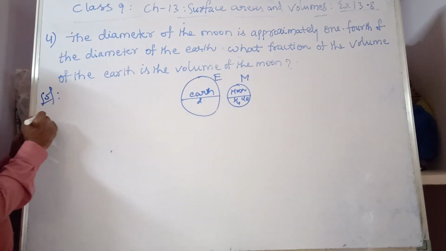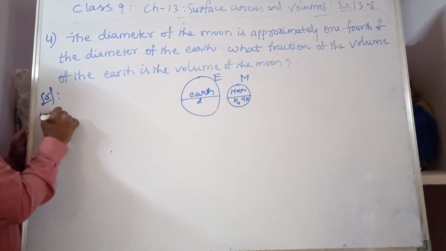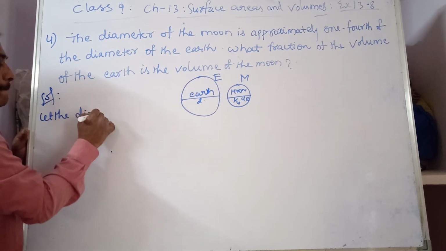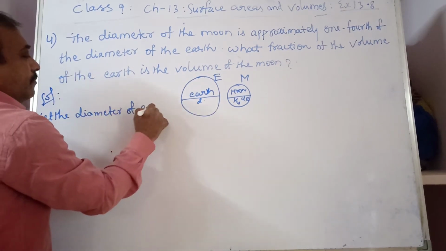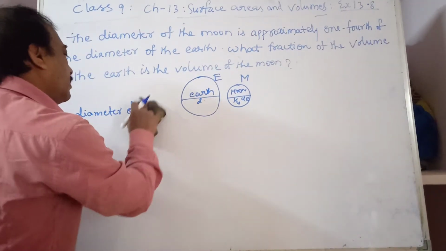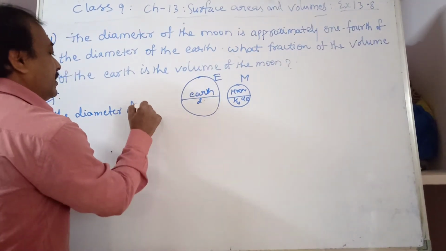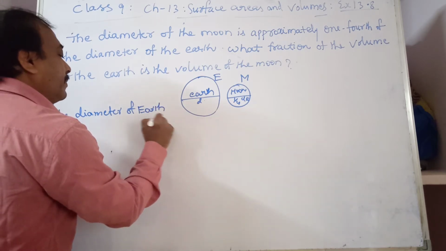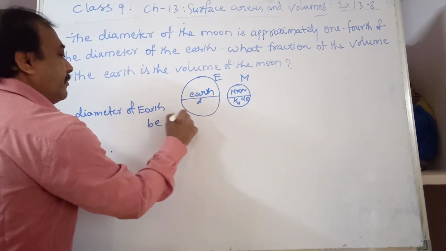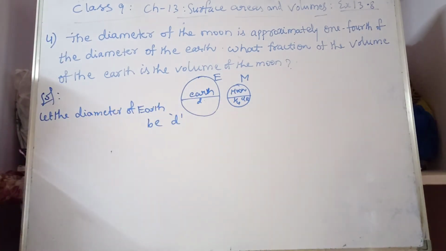Now listen, let the diameter of the earth be d. We are taking the diameter of the earth as d.